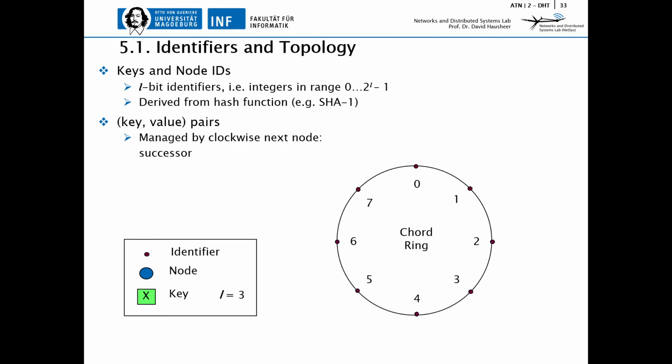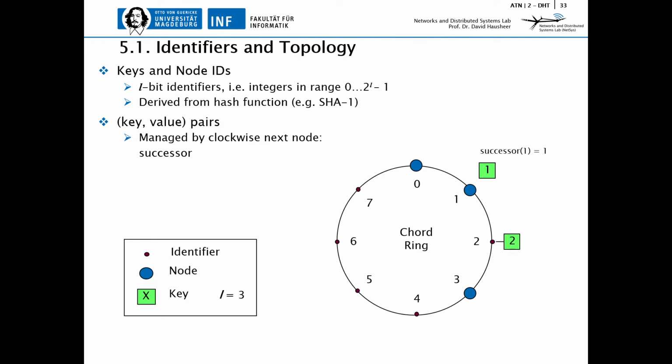If we do that by choosing the successor of a particular ID, then in this case where we have 3 nodes in the Chord network, 0, 1 and 3, successor would mean that 1 would be responsible for the key with ID 1.